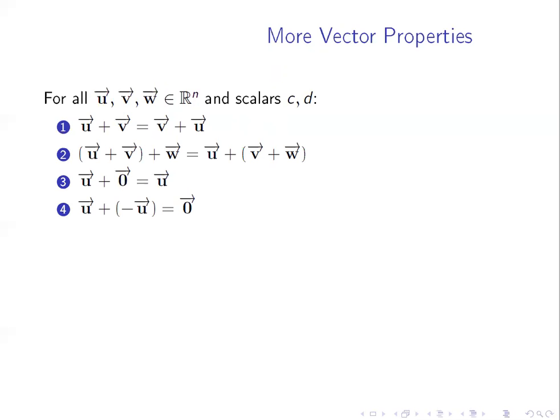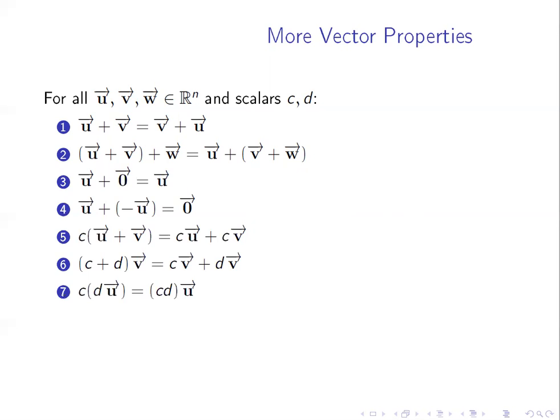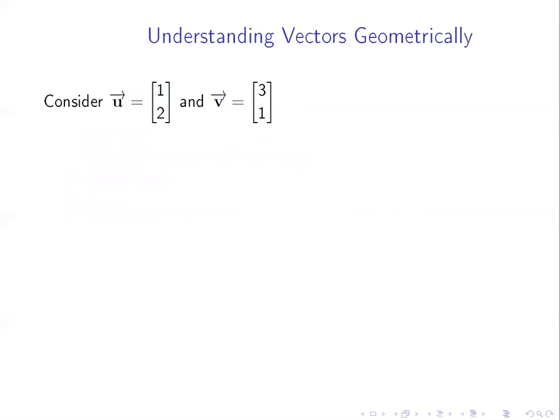If I add a vector plus the negative version of the vector, it gets me the 0 vector. Again, this feels just like regular numbers. c times (u + v), we can distribute. (c + d) times v, boom, okay, this is cool. Everything's looking just like regular numbers. And 1 times a vector leaves it unchanged. Hopefully you're like, I got this, this is making sense.